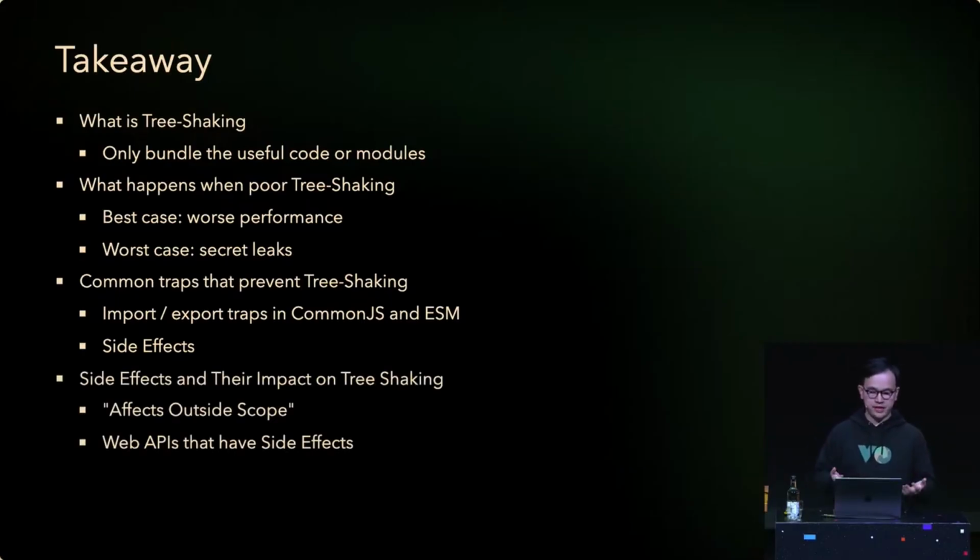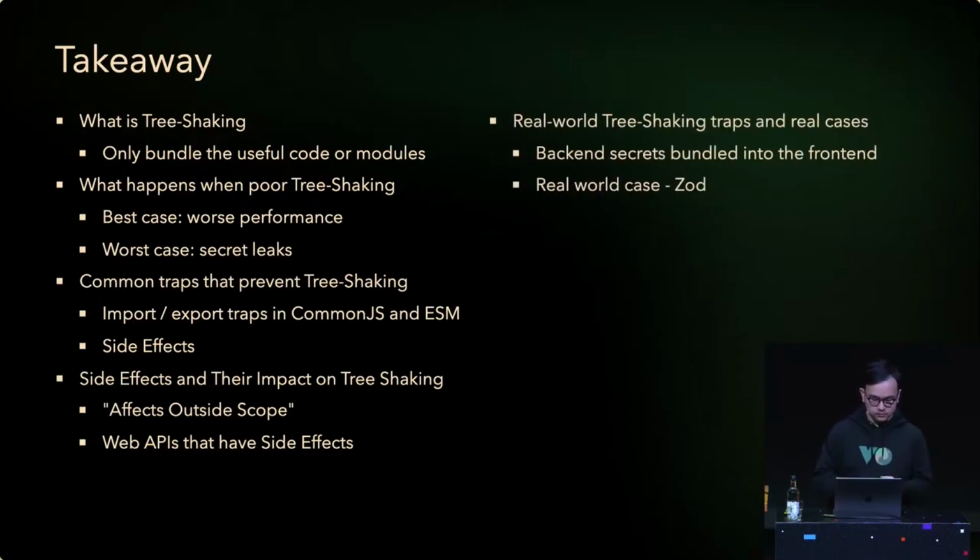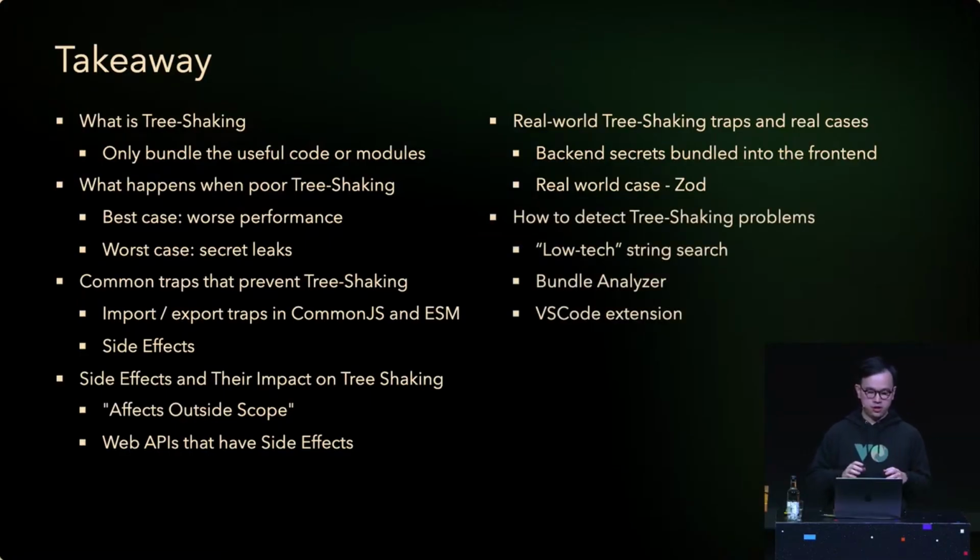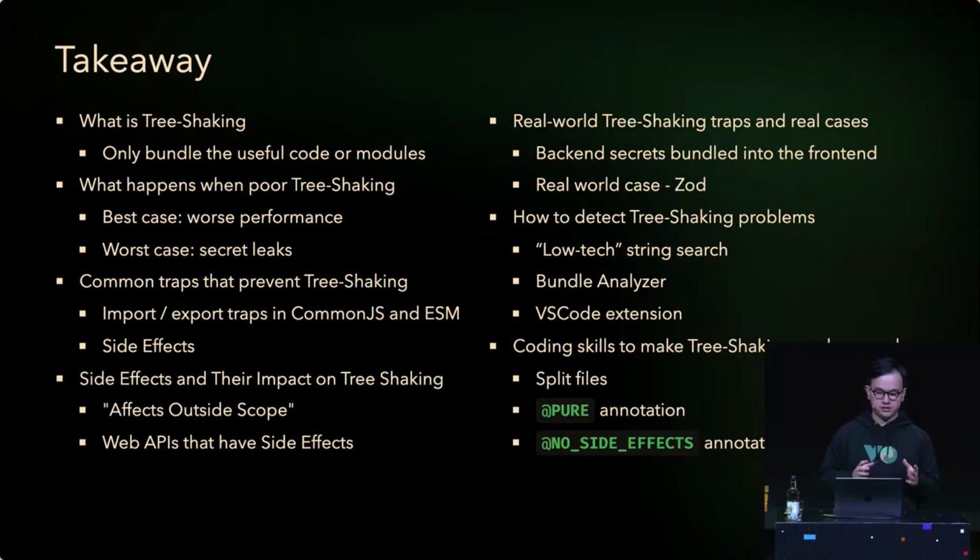We talked about side effects and how they impact tree shaking, and common web APIs that are marked as side effects. We saw how back-end secrets could end up bundled into the front end, and we looked into a real-world case. Finally, we learned different ways to detect tree shaking problems, and we also learned some coding skills to make tree shaking work properly.